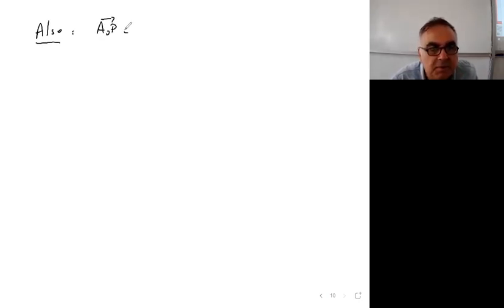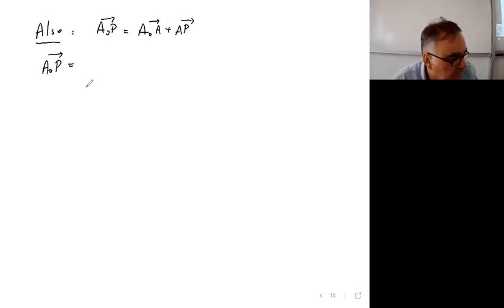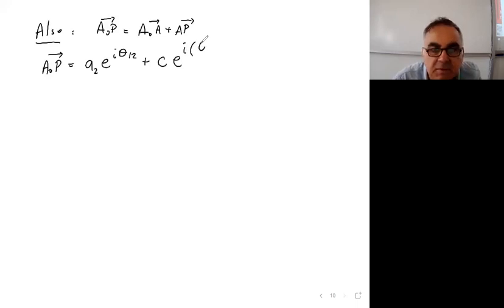A0P is equal to A0A plus AP, which is A2 e to the I theta 1, 2 plus C, not A3, but C, e to the I, its angle, which is theta 1, 3 plus gamma.